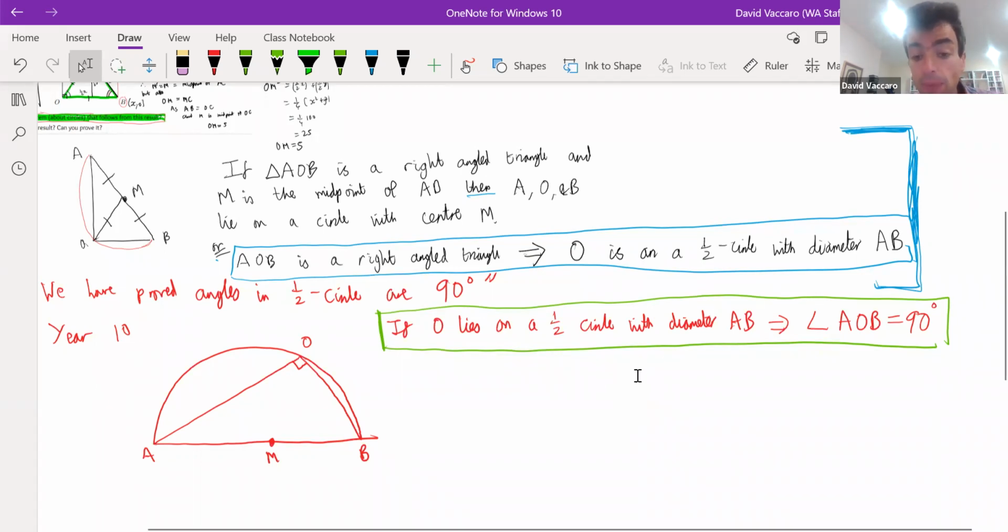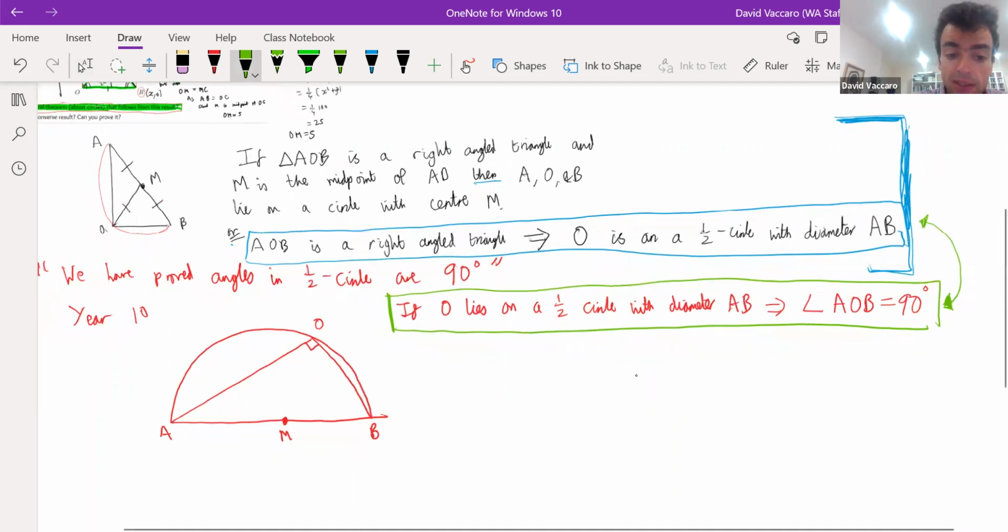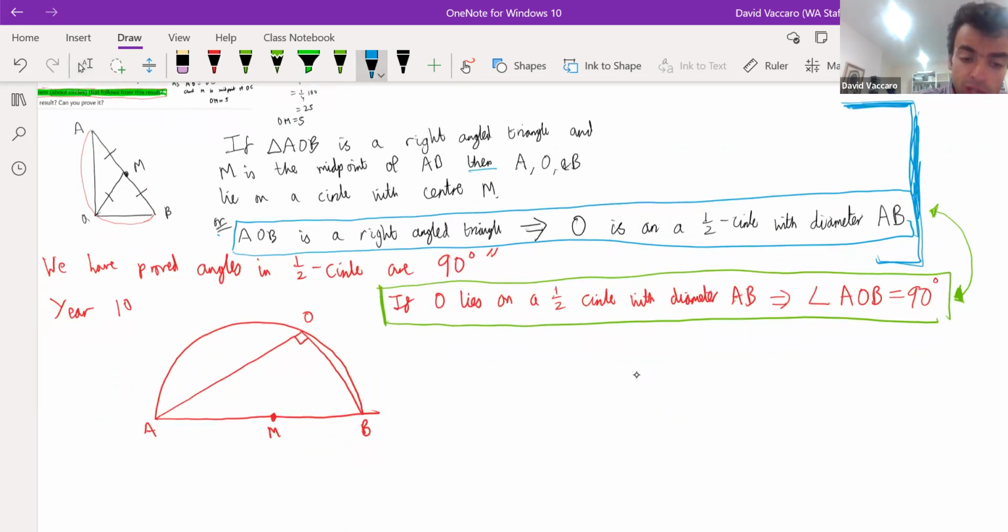Okay, while people are filling up the chat with the difference between the blue and the green, part of the point of these webinars is to run through questions. I'm going to prove the green result now. With the green result, I know that M is the center. So I'm going to say let M be the midpoint of AB. I know that AM equals MO equals MB.